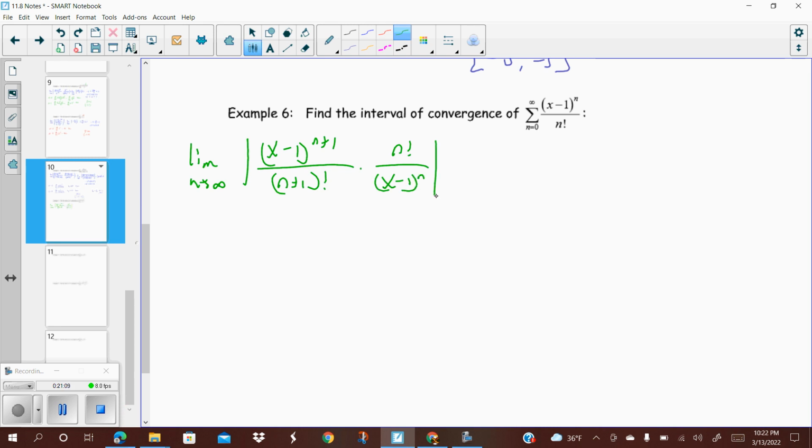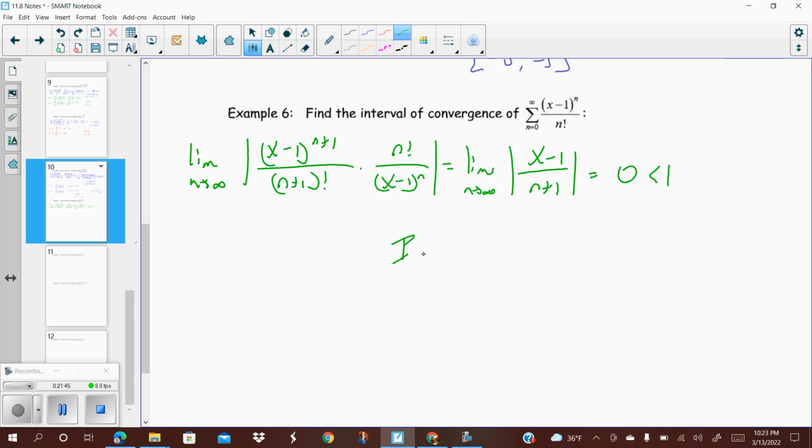Taking the reciprocal, this reduces to the limit as n goes to infinity of the absolute value of x minus 1 on top. n factorial over n plus 1 factorial will leave n plus 1 in the denominator. Since n is the only thing approaching infinity, the denominator grows while the numerator doesn't do anything, so this will approach 0. 0 is always less than 1, which means this should be convergent everywhere.